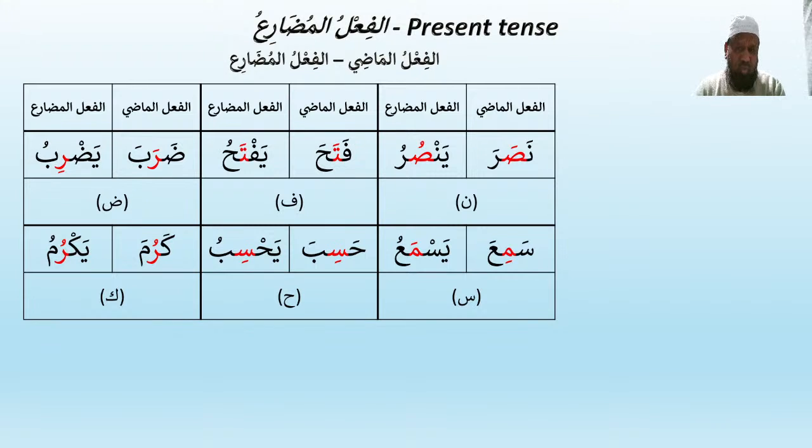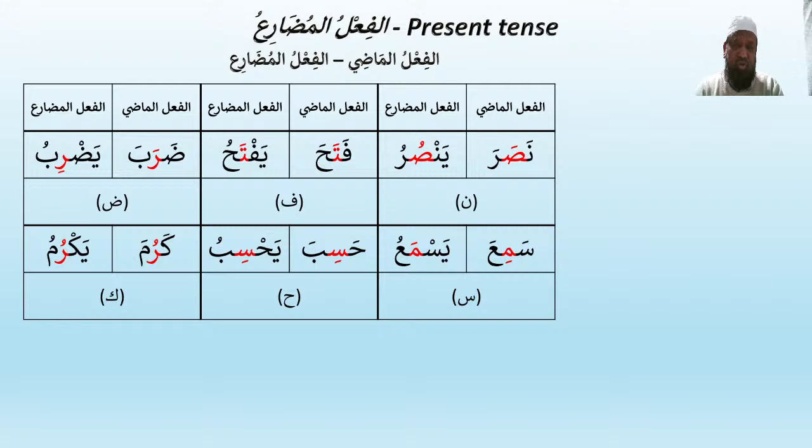So any fi'l we learn, we memorize the al-fi'l al-madi and al-fi'l al-mudari together. It will also be beneficial to learn the masdar, the verbal noun. So for every fi'l we should learn 3 things: number 1, fi'l madi; number 2, fi'l mudari; number 3, the masdar of it.